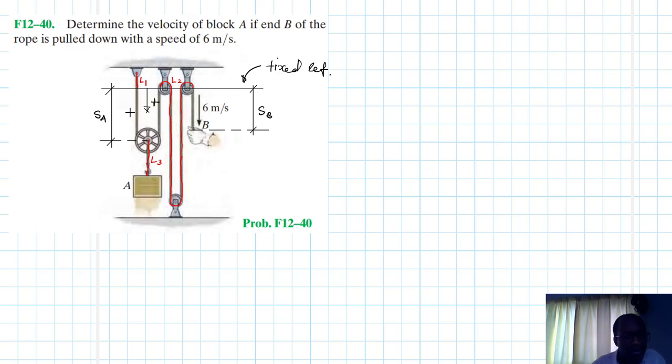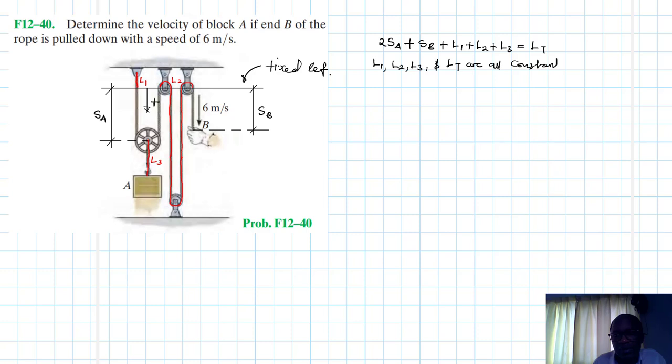So 2 SA plus SB, which is just a single one, plus L1 plus L2 plus L3, and this is going to be equal to L total. We know that L1, L2, L3 and L total are all constants.